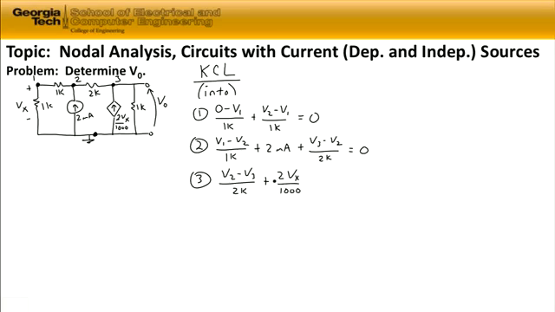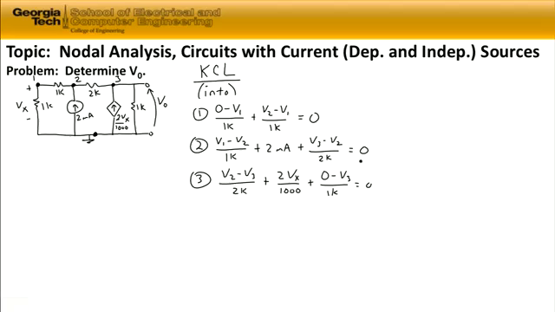And then we have the current flowing through the 1K resistor on the right-hand side of the circuit, starting at the ground reference node, 0 volts, flowing up to node 3. So it's plus 0 minus V3 divided by 1K, and the sum is equal to 0.